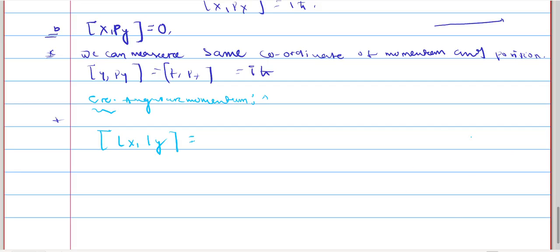First we know the formula, then commute. The formula is x, y, d by dz minus z d by dy. This is x, y, z, y, z, dy dz dx, sorry, x dy dz.